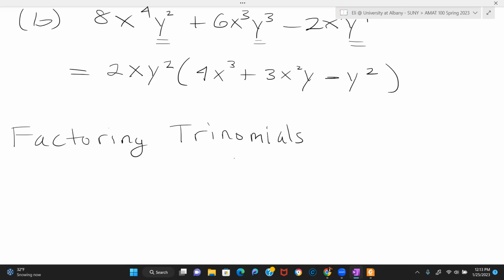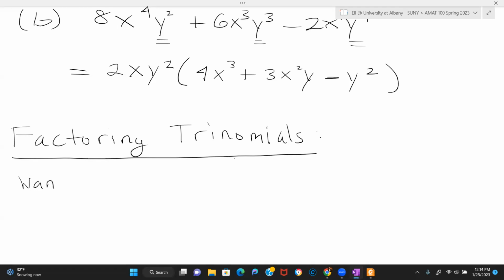Trinomials are just polynomials with three terms. In general, we're actually going to look at a specific type of trinomial.